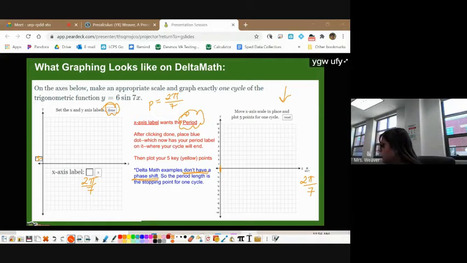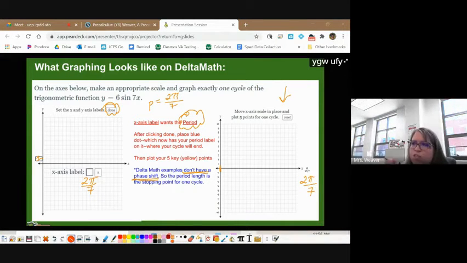Because I can't drag it here in Pear Deck, I'm just going to draw a light blue dot where 2 pi over 7 will be. Now, the scale that you pick on your x-axis is up to you, but I recommend using the first 4 lines as where your 4 key points are going to go.